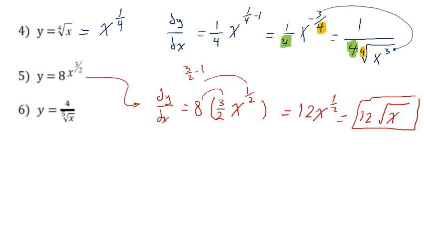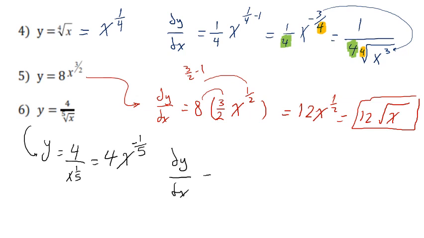Finally, this is y equal to 4 over the fifth root of x. I need to rearrange it, so I'm going to write it as y is equal to 4 over x to the power of 1 over 5, which can be written as 4x to the power of negative 1 over 5. So dy by dx is equal to 4, put down the exponent, take 1 from the exponent, which is going to be negative 6 over 5.